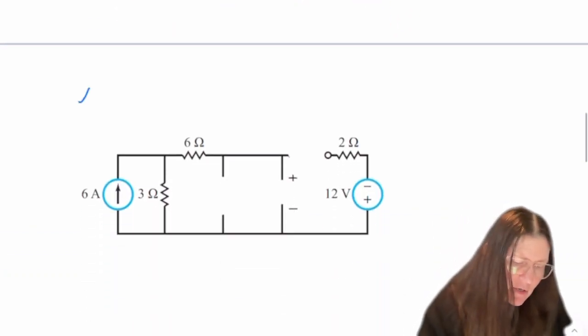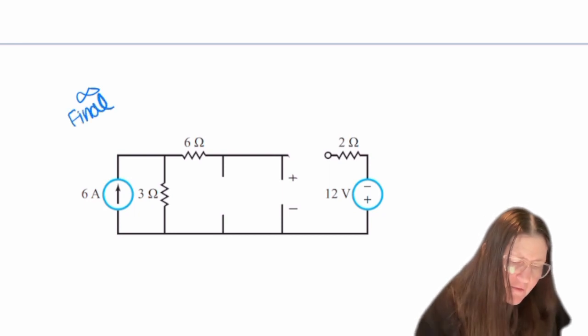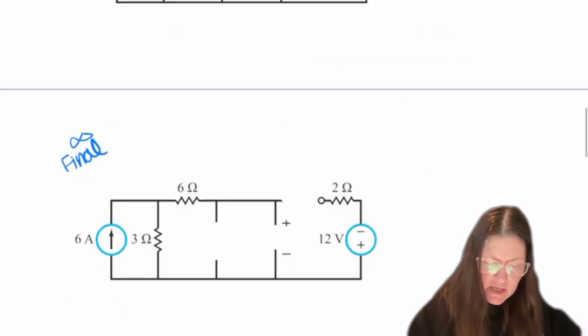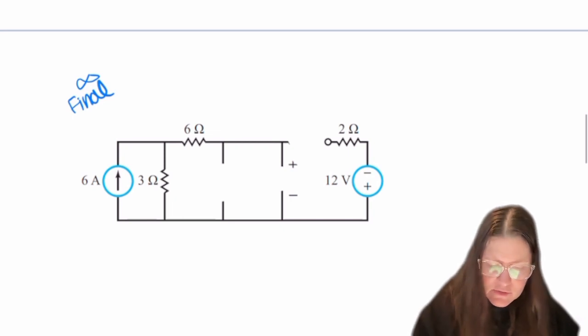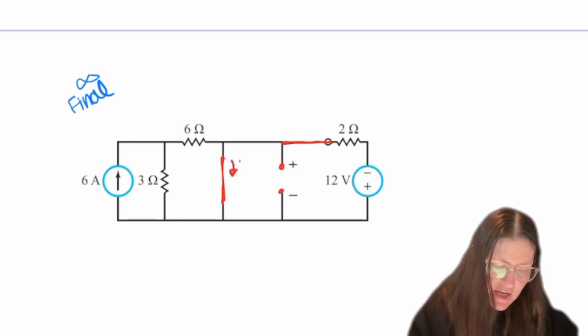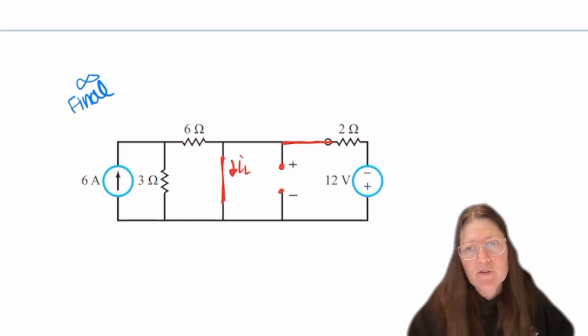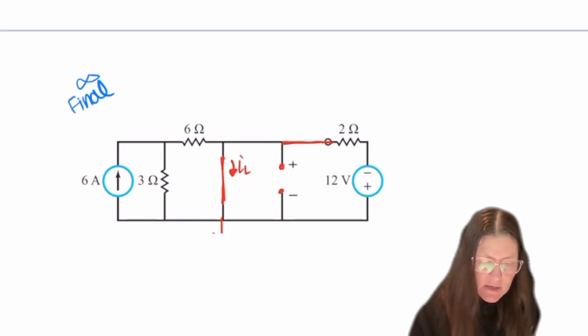And now I want to know for infinity, or the final. And in the final stage, I have a closed switch here. IL is going to need to stay in the same direction that I first labeled it. So whatever you start with in the initial state, keep it in that same direction.